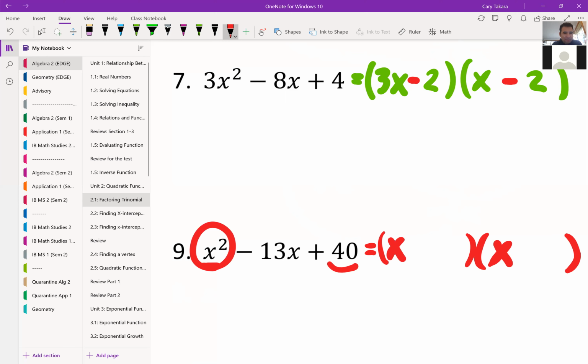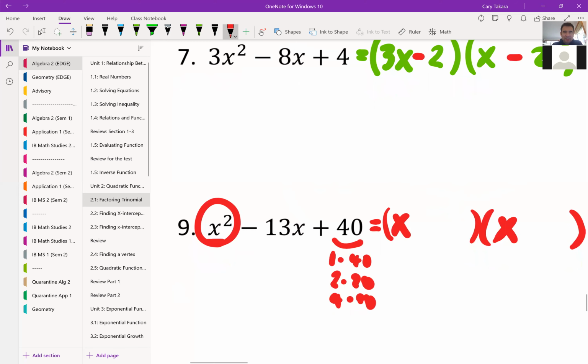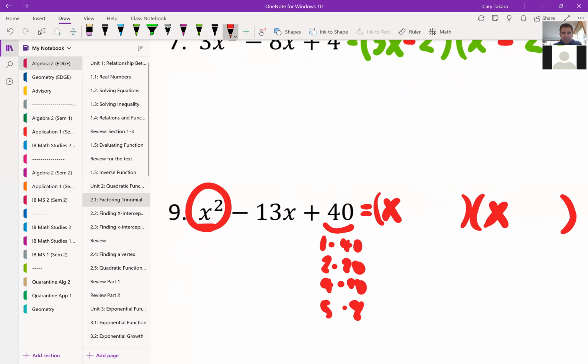Now 40 does have a lot of combinations. 1 times 40. You don't even need to list them out, but 2 times 20, 4 times 10. What else? 5 times 8. Okay. And we're going to try 5 and 8 first. The numbers that are close together. And maybe some of you are already thinking, yeah, 5 and 8 works.